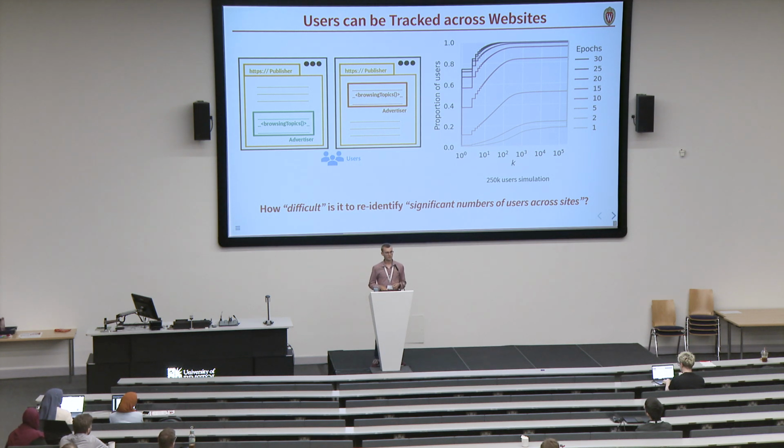Our analysis and our synthetic data generation approach allow us to study the topics' privacy guarantees over time in a general simulation. On the right, we measure this privacy guarantee in terms of k-anonymity. If k equals 1 here, this means that the user was uniquely identified by the advertiser.